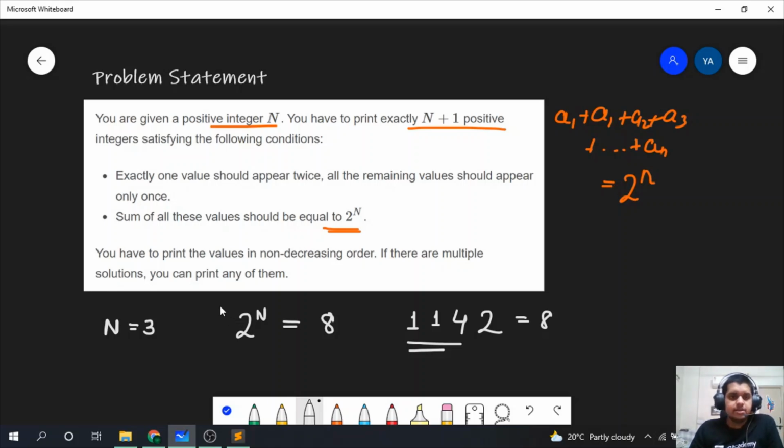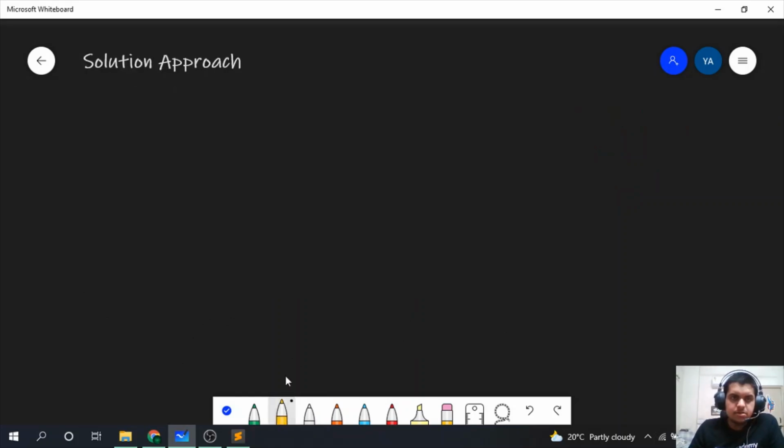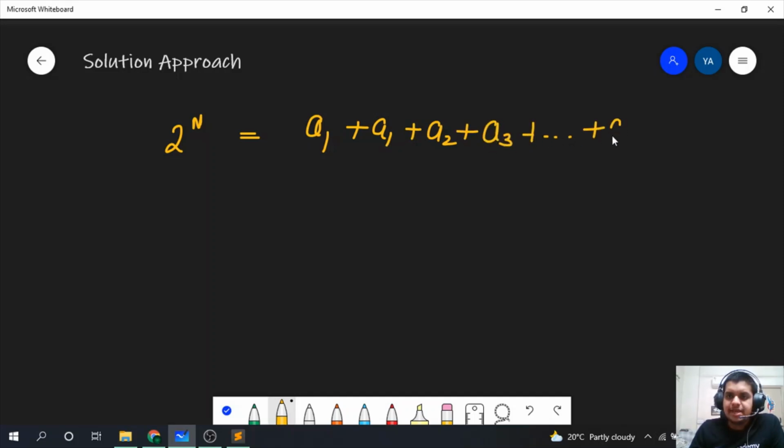Now let us quickly proceed to the solution approach. When we look at this, what idea first comes to our mind? 2 to the power n should be represented as a1 plus a2 plus a3 up to an plus one more. What we will try to do is keep a1 equal to 1, so a1 plus a1 will be 2, plus the other numbers.